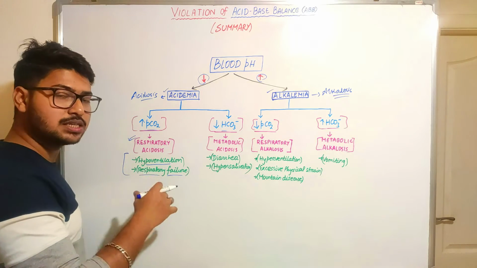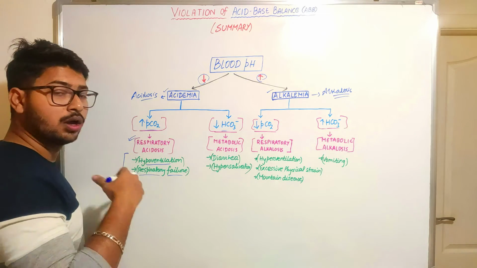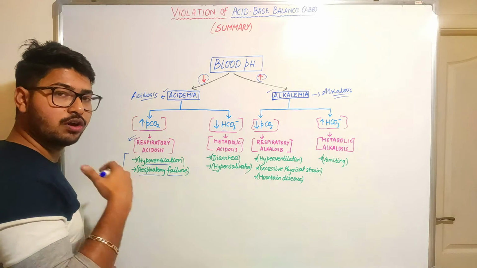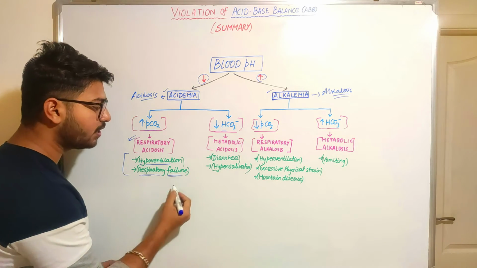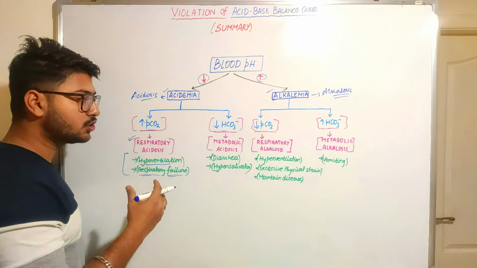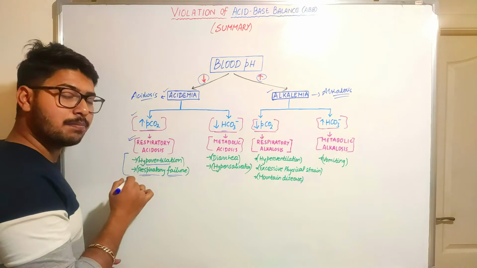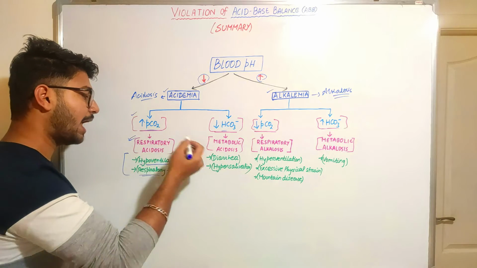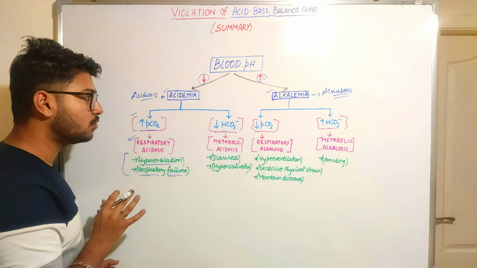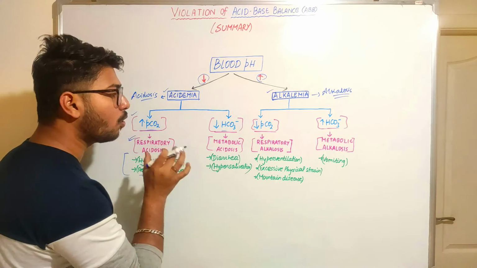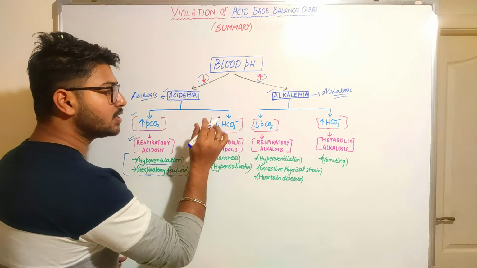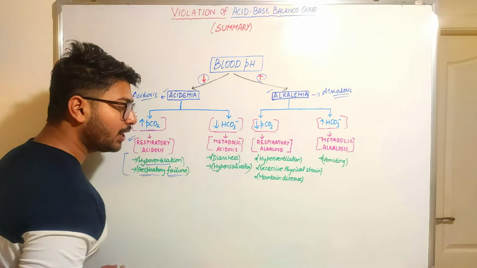When the person loses the ability to have a proper amount of respiration, it means a hypoventilation condition, or respiratory failure due to injury of lung tissue, then there will be an increase in the partial pressure of carbon dioxide and that will lead to respiratory acidosis. Next, acidosis can also be related to the concentration of bicarbonate ion.